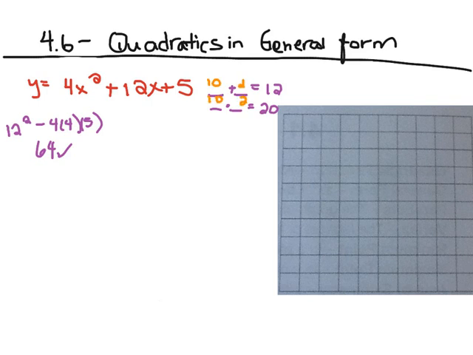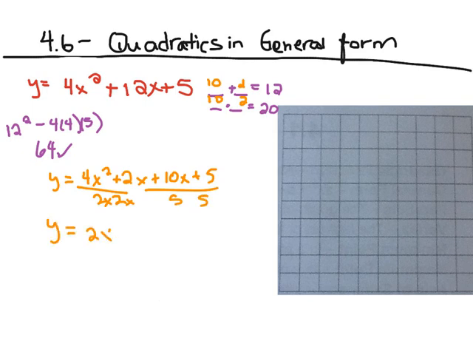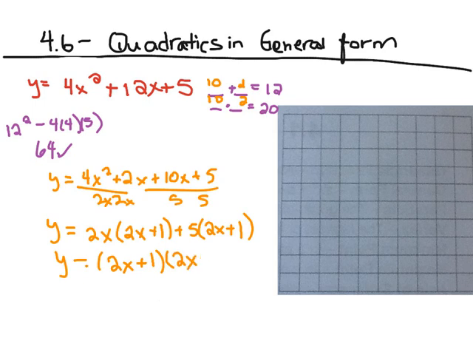So we have y equals 4x squared plus 2x plus 10x plus 5, divide by 2x, divide by 5, y equals 2x, 2x plus 1, plus 5, 2x plus 1, so y is equal to 2x plus 1 and 2x plus 5.